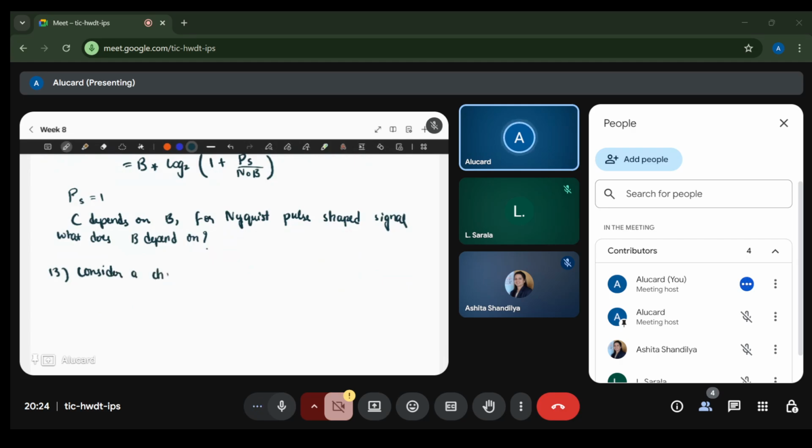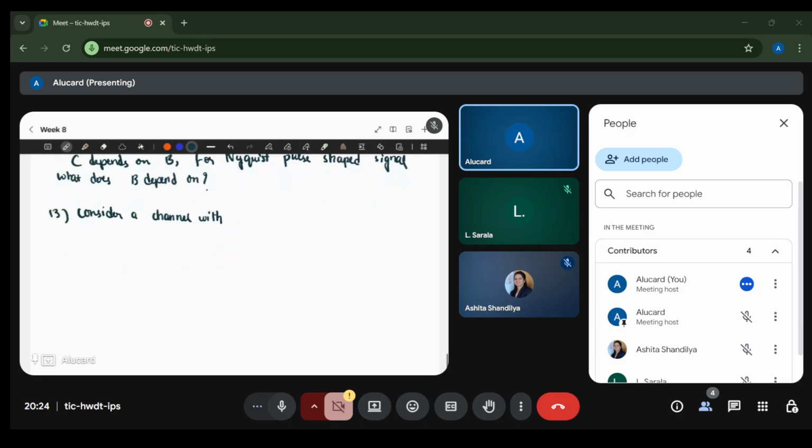Consider a channel with free space path loss.